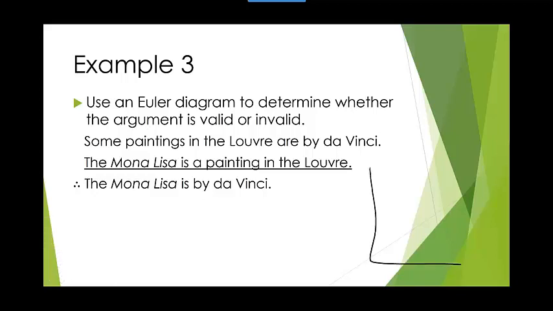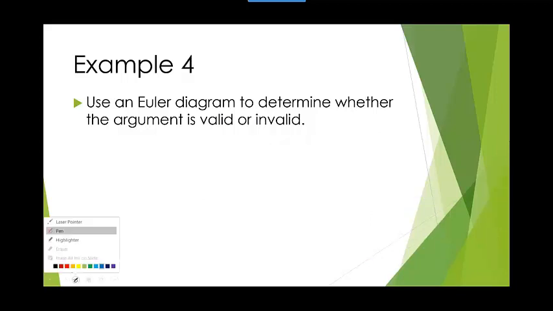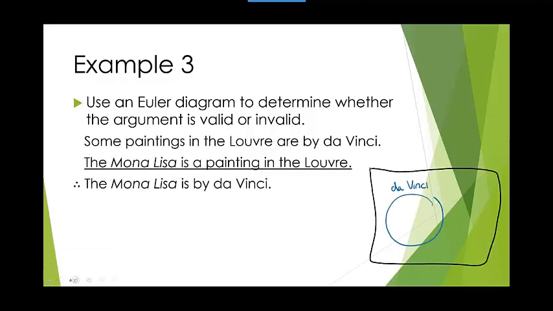So, let's go ahead and draw our picture. We'll do this step by step. So we've got two categories. We've got paintings by Da Vinci, and we've got the paintings in the Louvre, and because it's some, that's where you have the intersecting circles.